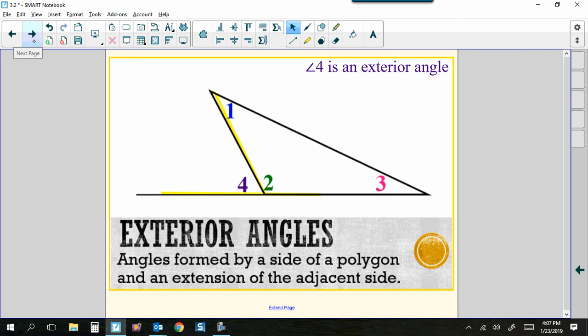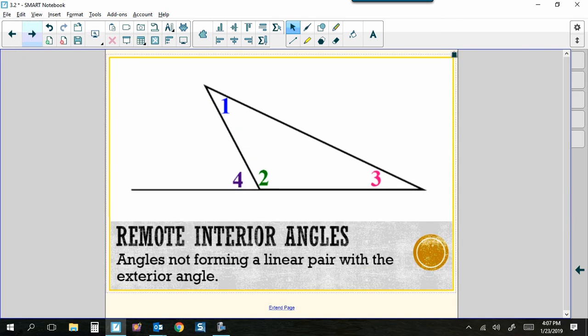Now a new vocabulary word, remote interior angles. Remote interior angles are angles not forming a linear pair with the exterior angle. So again, we know that angle 4 is our exterior angle. We know that angle 2 is forming a linear pair with angle 4. So what are the other two angles? 1 and 3.